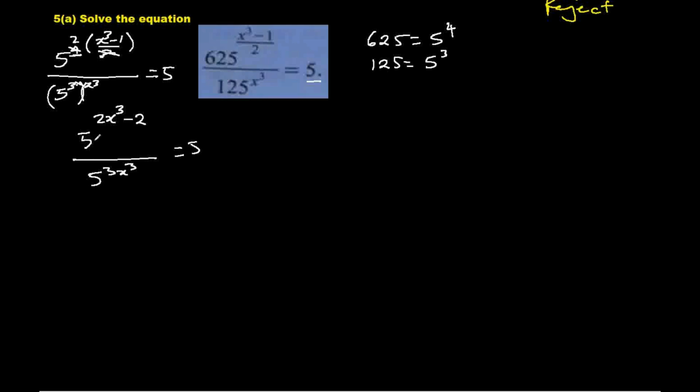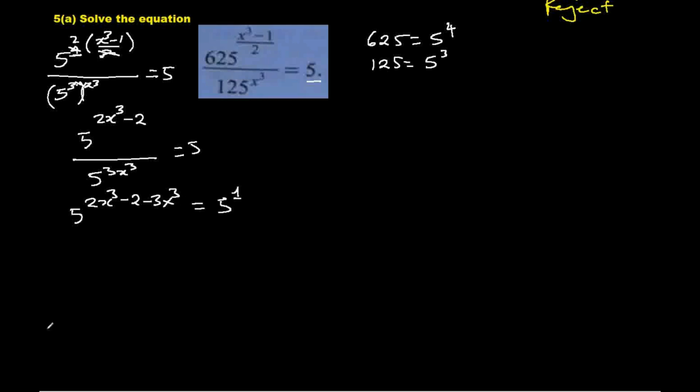Alright, since these two parts are dividing and they have same base, we can subtract the exponents. That is what the exponential law says. So 2x cube minus 2 minus 3x cube. This minus 3x cube is subtracted from the numerator, equal to 5, and let me write 5 to the power 1.